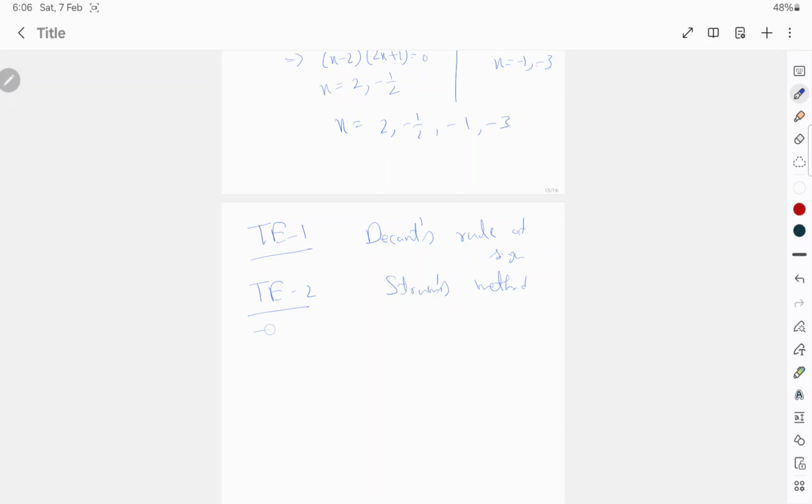T3 is reciprocal equation. T4 is Cardan's method. T5 is Ferrari method. Cardan's method is for solving cubic equations. Ferrari method is for solving biquadratic equations.